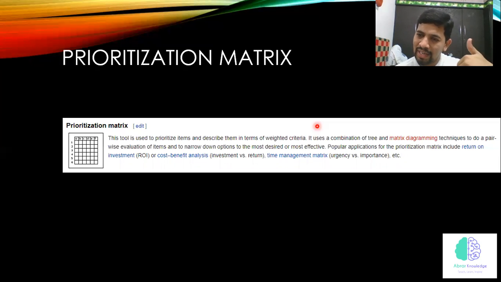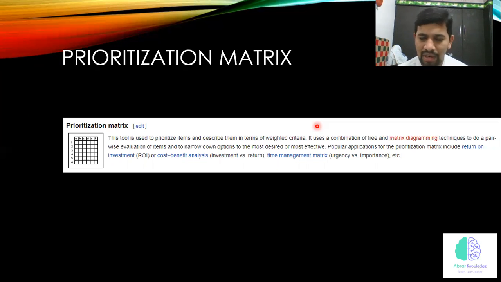So you have a tree, right, from the parent to child, the relationship you will accomplish. Then the matrix diagramming technique does a pairwise evaluation of items and narrows down options to the most desired and most effective.